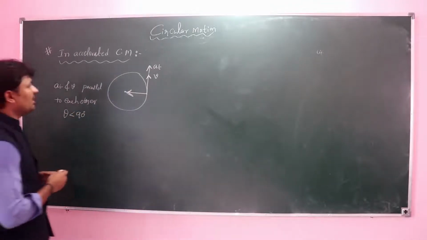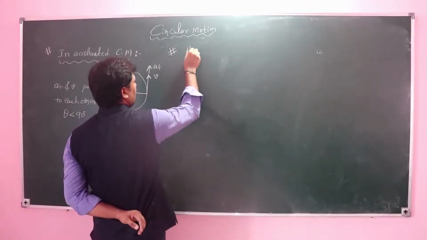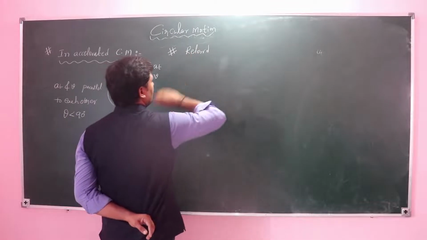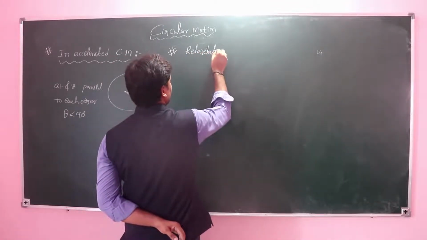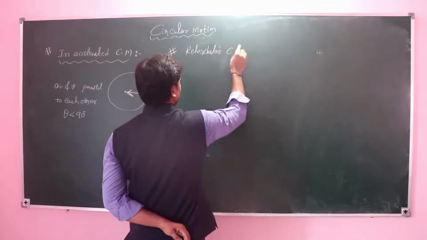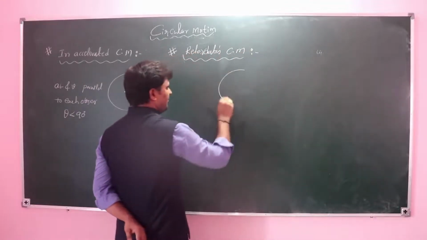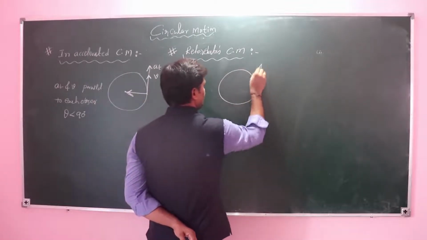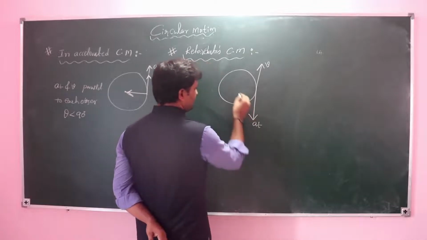In case you are taking retardation circular motion, what is happening? The velocity direction is like this, and the tangential acceleration direction is this.